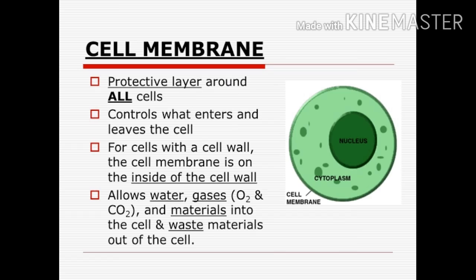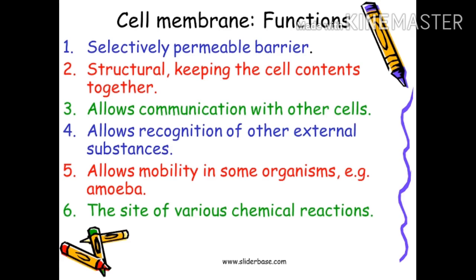It controls the entry and the exit of the cell. That is, it is partially permeable. For cells with the cell wall, the cell membrane is inside the cell wall and allows water and gases and materials into the cell and waste materials out of the cell. So basically the function of the cell membrane or the plasma lemma is that it is selectively permeable.